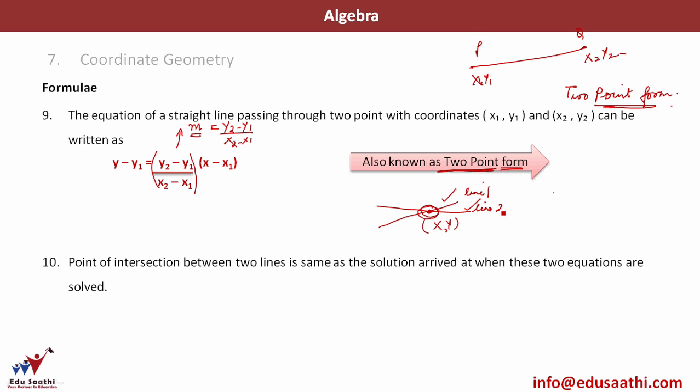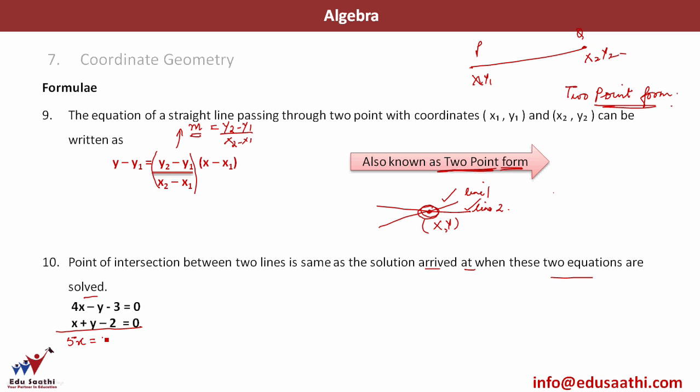It is known as the simultaneous solution and will be arrived at when the 2 equations are solved. So solving 2 equations is very simple. For example, the equations that you have are 4x minus y minus 3 is equal to 0 and x plus y minus 2 is equal to 0. Solving means you either have to make the coefficients of x or y the same, and add or subtract to get the value. So if I just add them, what do I get?